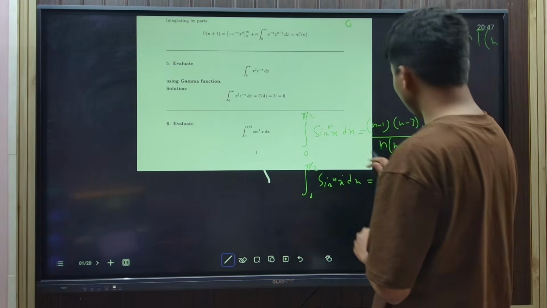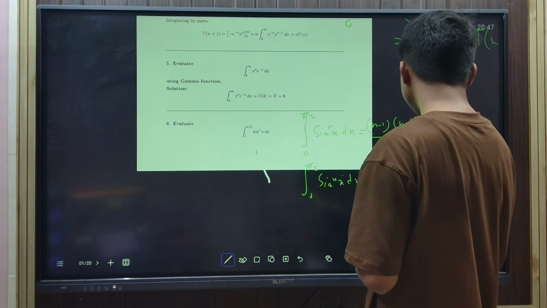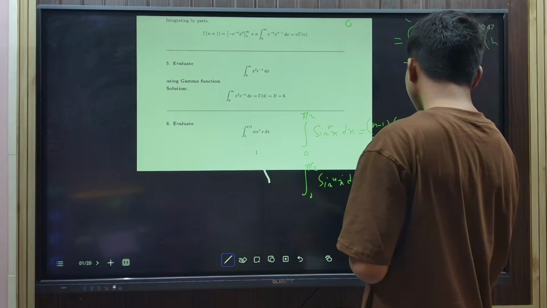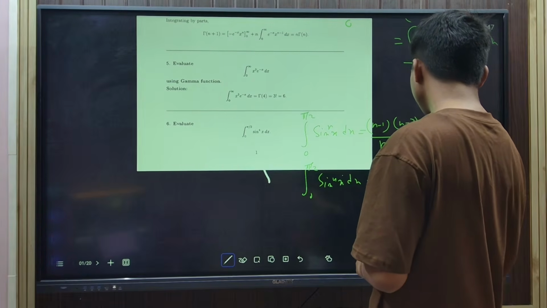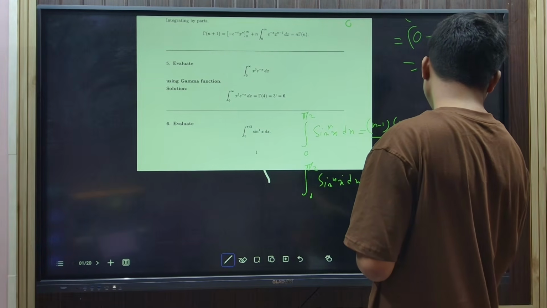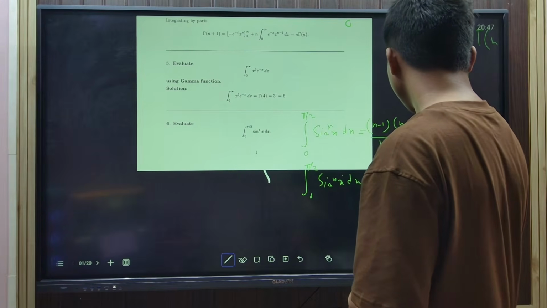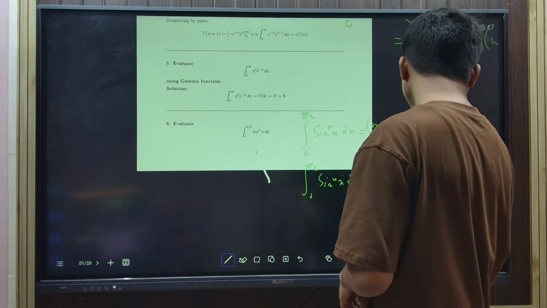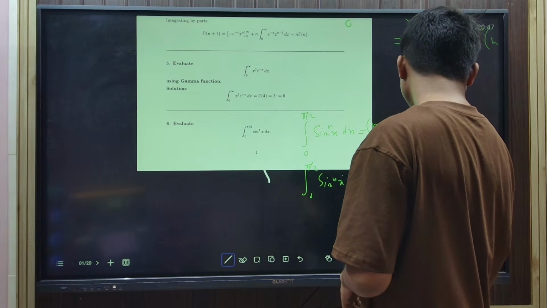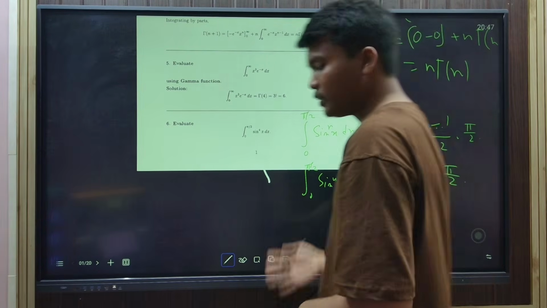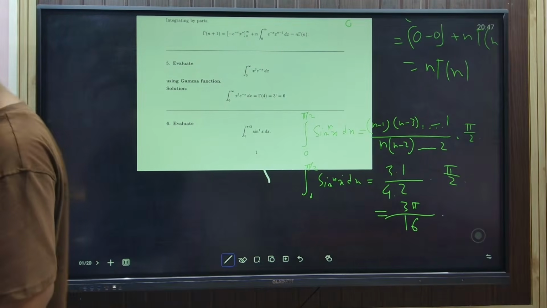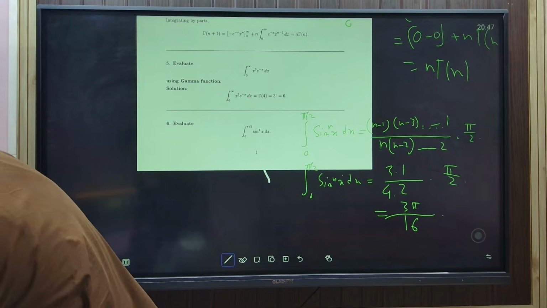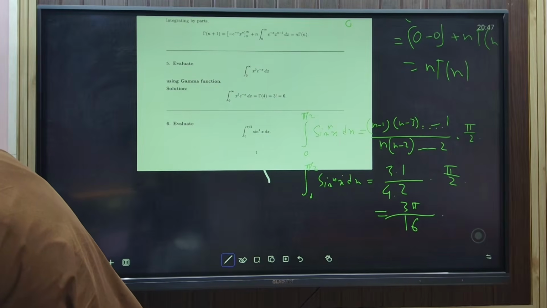Up to the positive terms. 4 minus 1 is 3 and 4 minus 3 is 1, divided by 4 into 4 minus 2 which is 2, into pi by 2, right? So 3 pi divided by 16 is the integral value of this function.